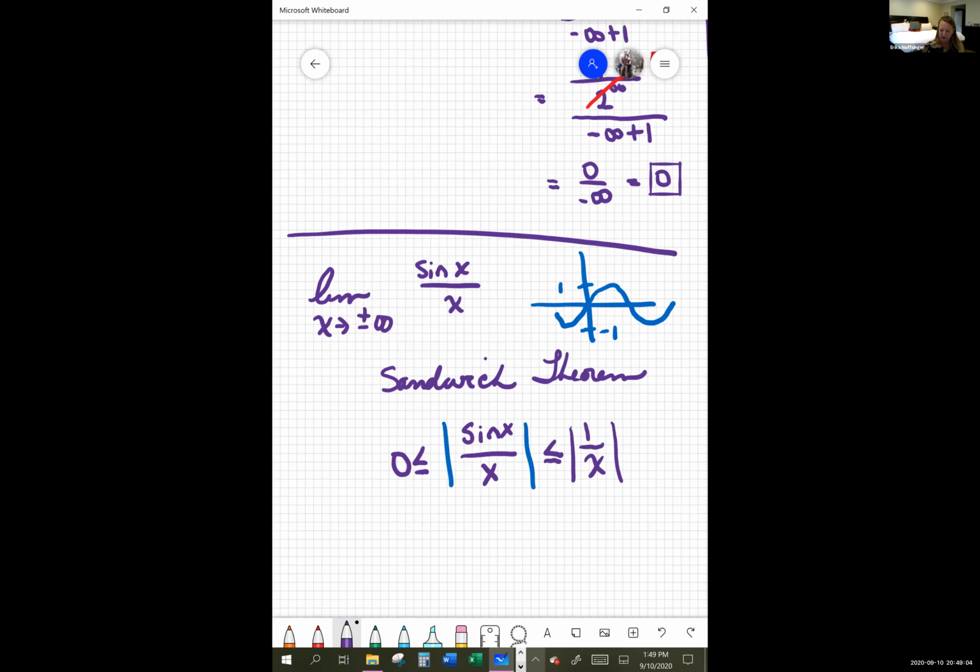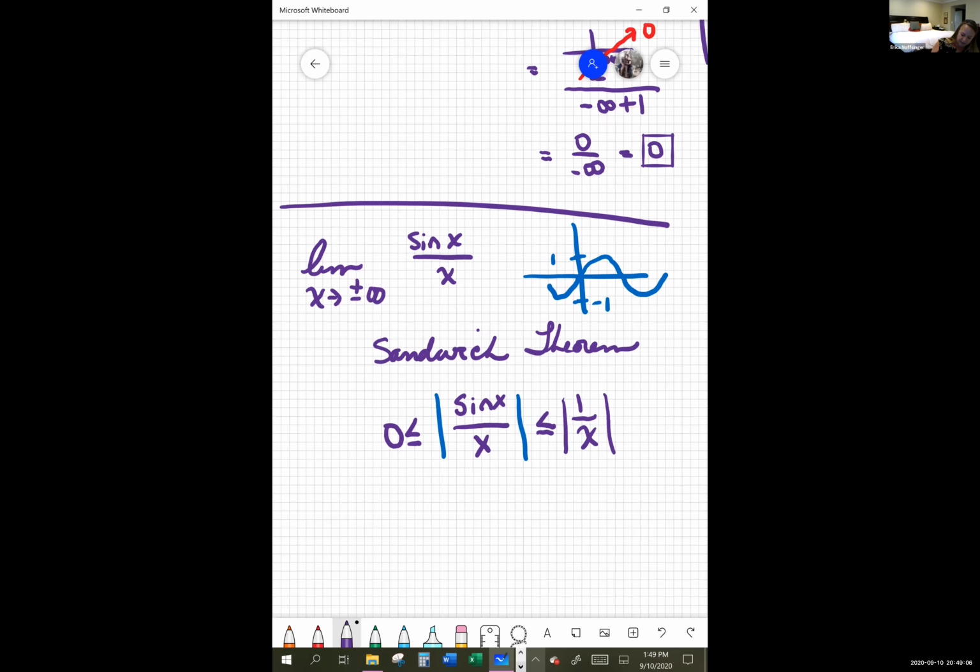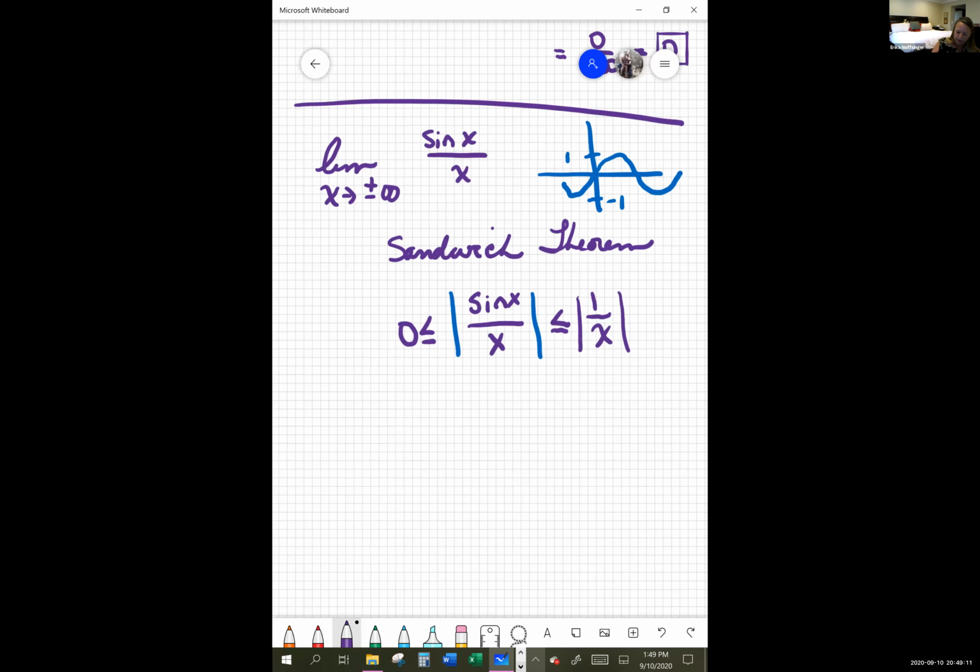And so knowing that, if we took the limit as x goes to positive or negative infinity, things are jumping around.